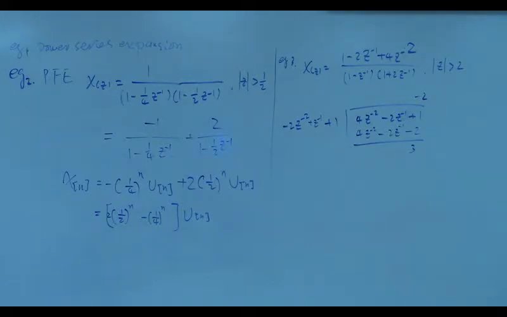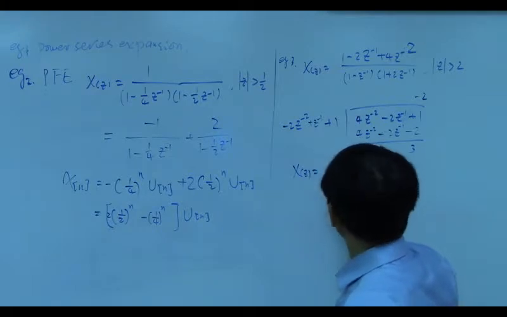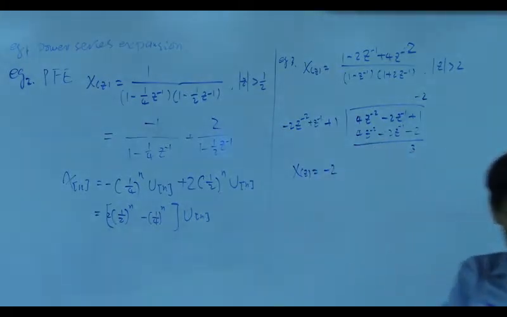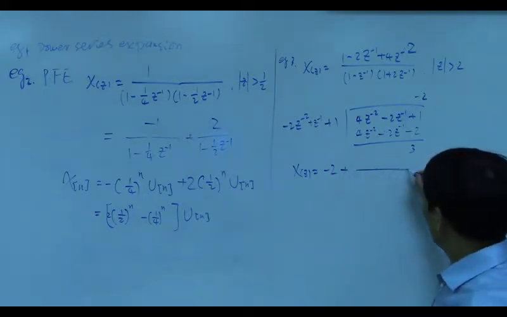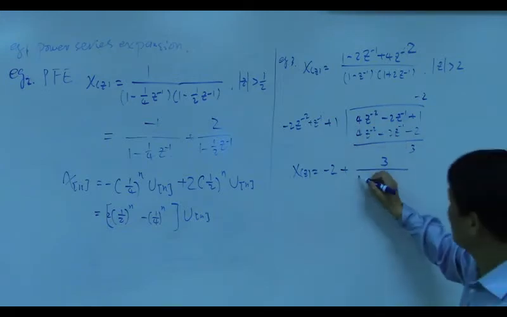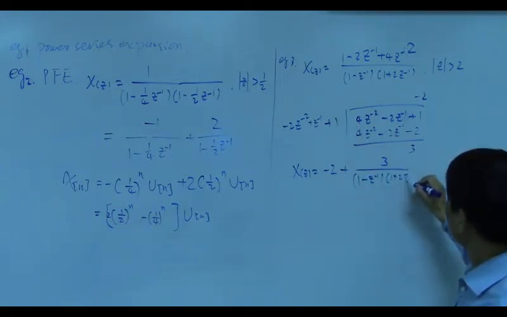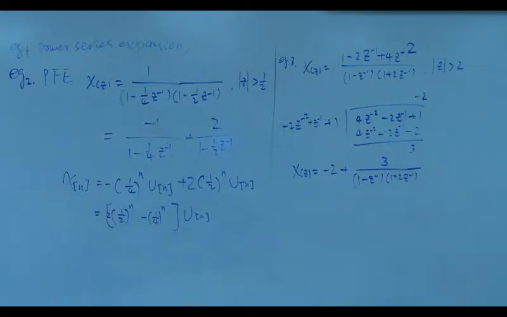Yeah? Alright, now let's write. So that means X(z) equals negative 2, that is the quotient, then plus, and the remainder is on the top. We still need to copy this one here, 1 plus 2z on the bottom.